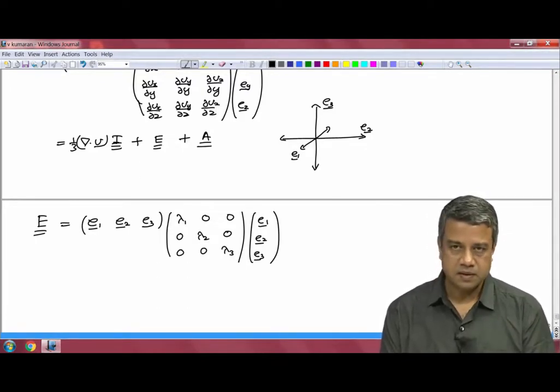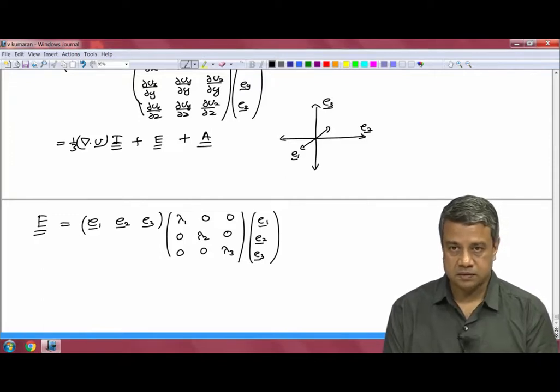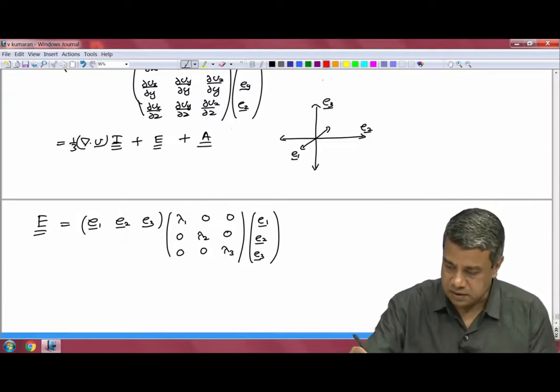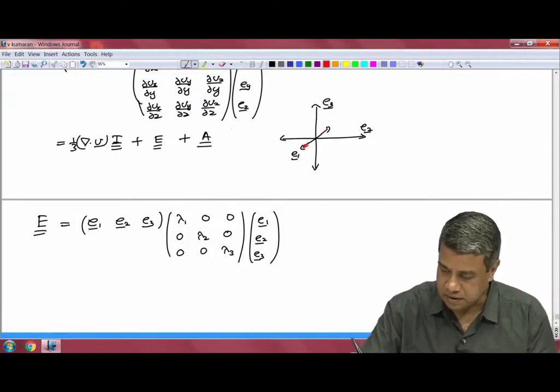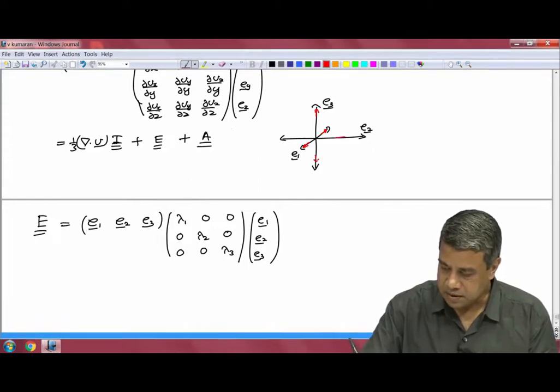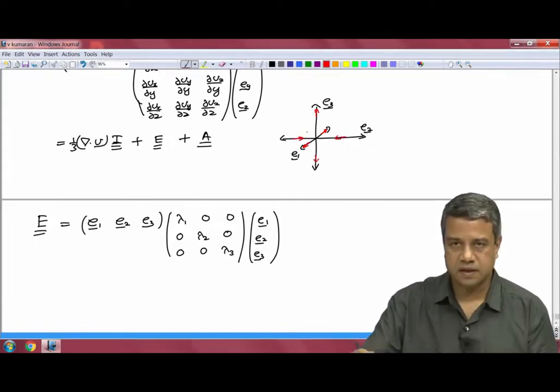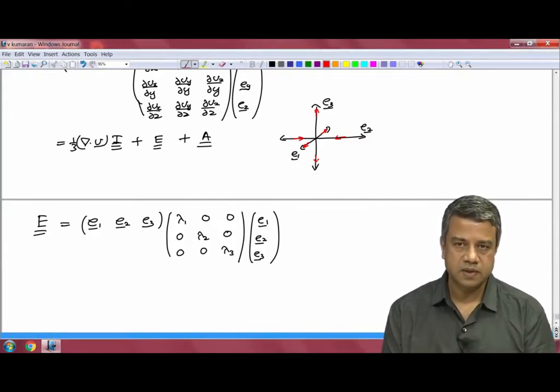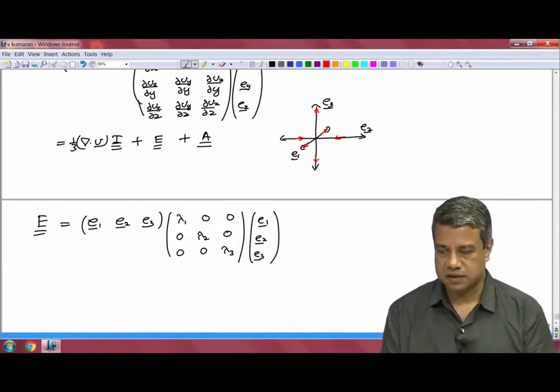So, in a coordinate system that is aligned locally with the eigenvectors, there is expansion along directions where the eigenvalues are positive, and there is compression along the directions where the eigenvalues are negative. Note that the sum of the eigenvalues has to be 0 because the trace of the matrix is 0.